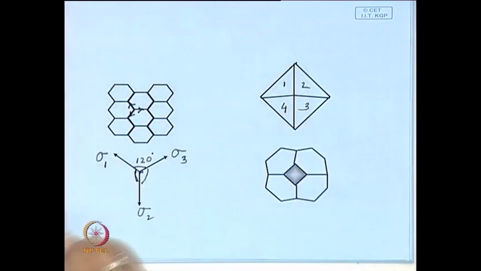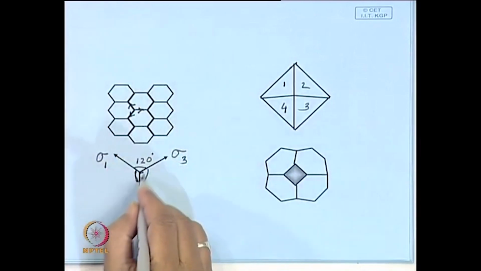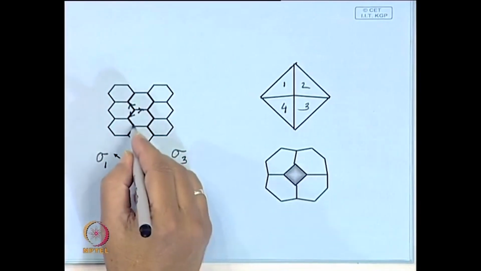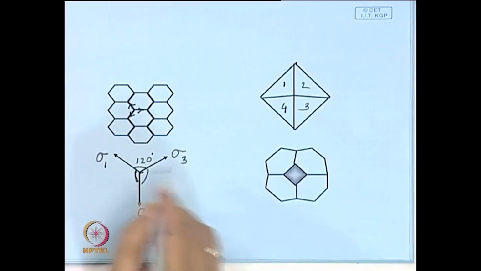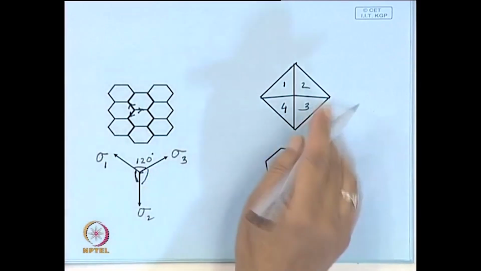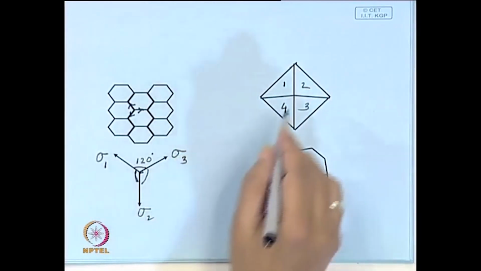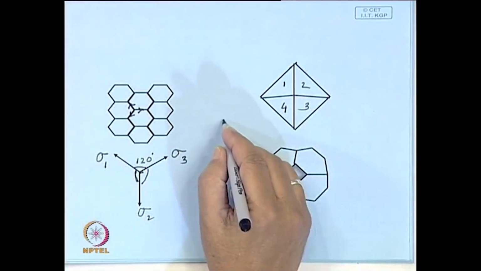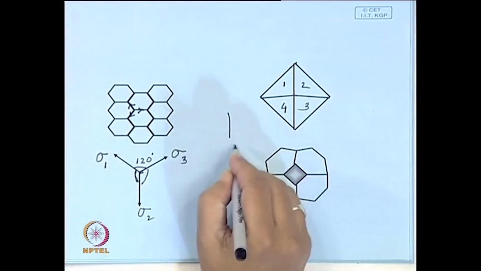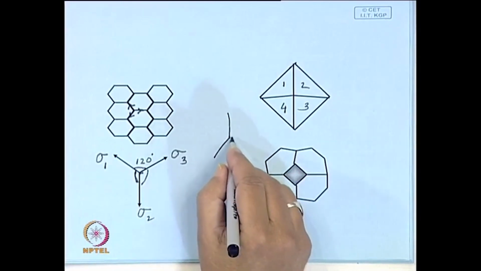Now, there are 2 criteria: one is space filling, and the second is that the equilibrium of the surface energy, or surface tension, must be maintained. When these surfaces meet, there will be a grain boundary, and in 3D it is quite likely that in many places you will have one this, one this, one this.